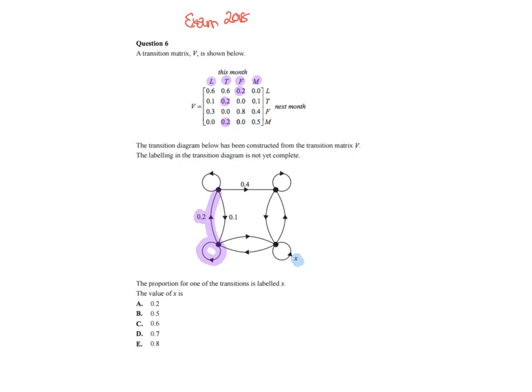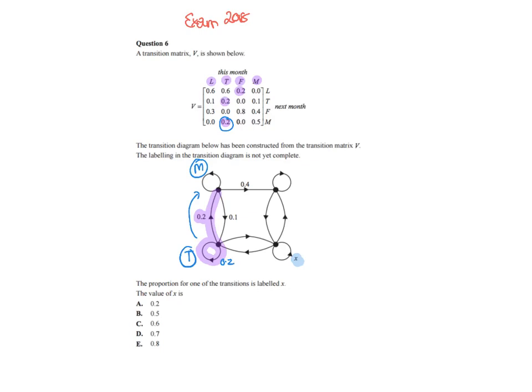I'm first going to try that this is point T. So if you go from T to T, I might call that T. Now, we're saying T to T would be 0.2, so that could be 0.2. But then we're saying T to M is 0.2, so that would make this one M.